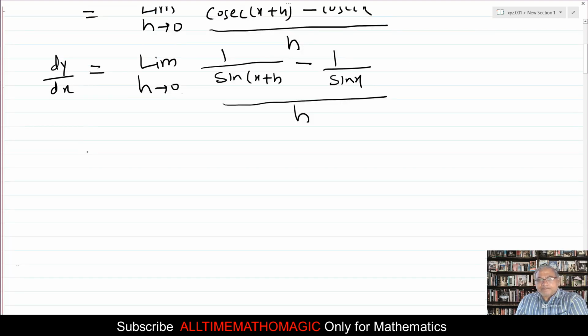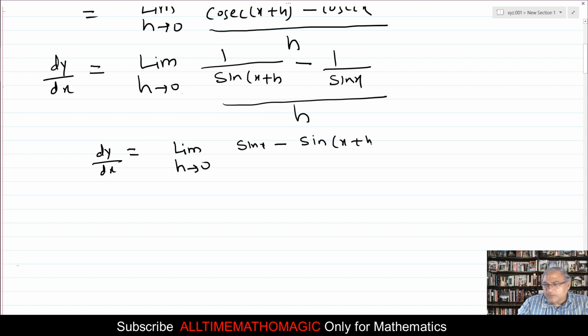Next step, dy by dx equals limit h tending to 0 of sin x minus sin of x plus h upon sin of x plus h into sin x, upon h.